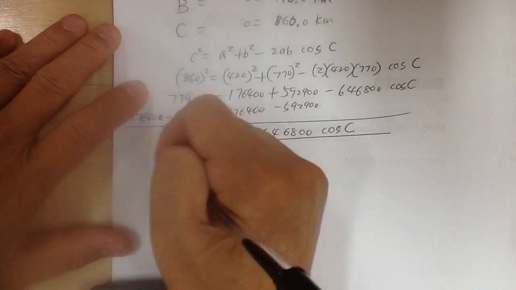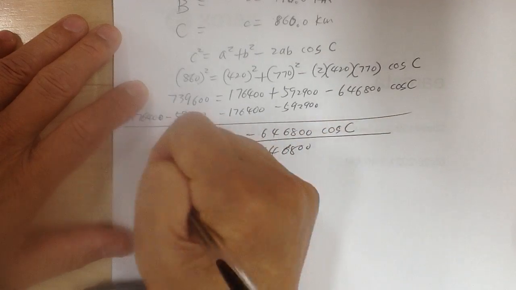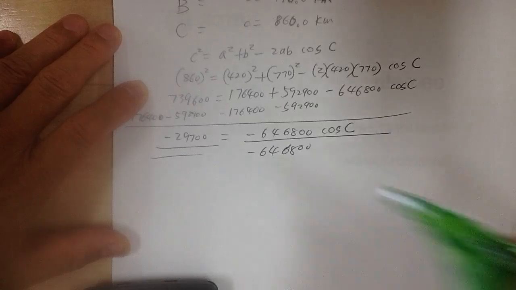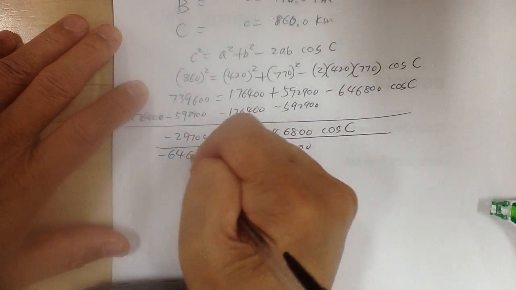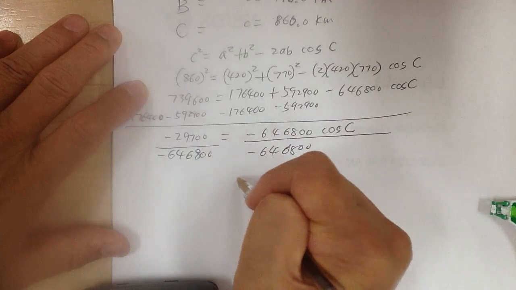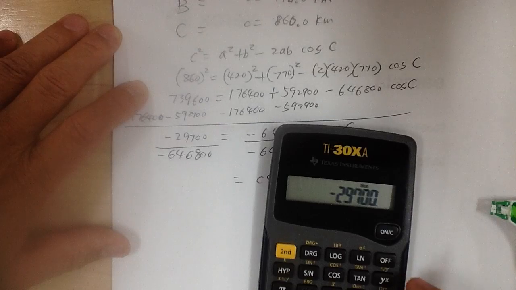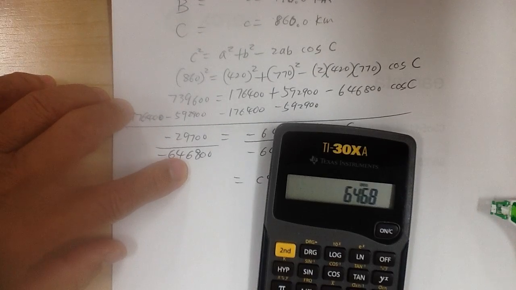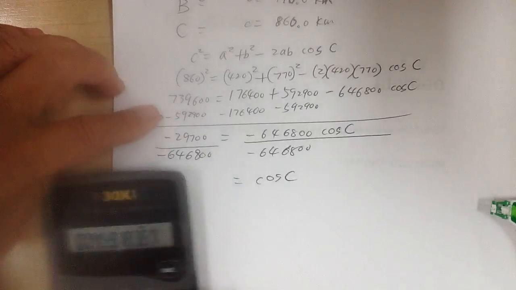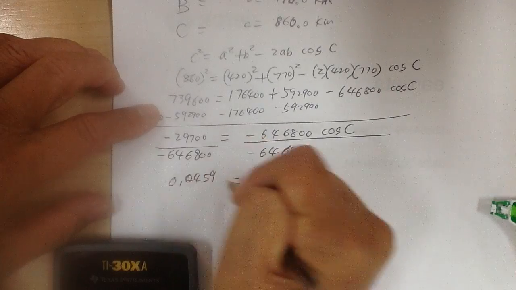Then you have to divide both sides by negative 646800. So cosine of C will equal negative 29700 divided by negative 646800, which equals 0.0459.